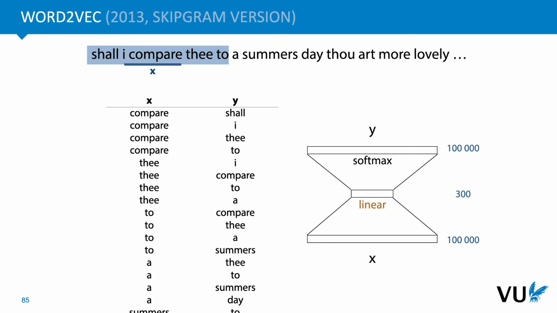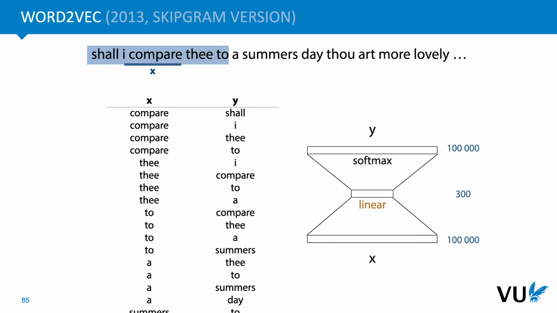So if we have 100,000 words, we set up a very simple neural network like this with 100,000 inputs, a much smaller hidden layer, in this case of 300, and then again 100,000 outputs. And note that the hidden layer here is linear. So we're not even learning a nonlinearity, we're just learning this bottleneck of linearly projecting this 100,000 dimensional vector to a 300 dimensional space.